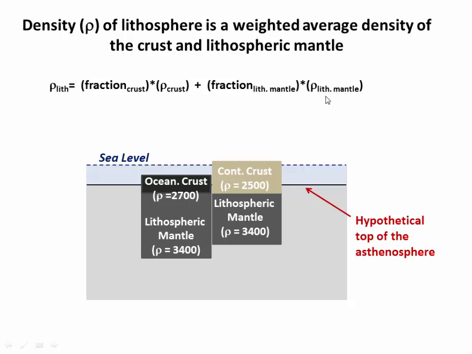So for example, in this case, we might have roughly 20% crust, so that would be a fraction of 0.2, and we may have 80% lithospheric mantle, so a fraction of 0.8. So in any weighted average, these fractions need to add up to 1, right?